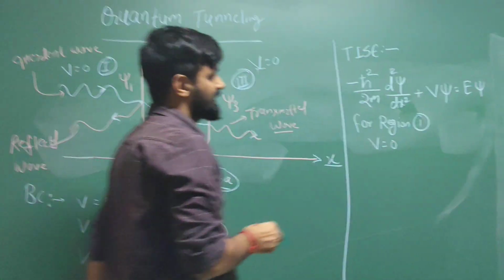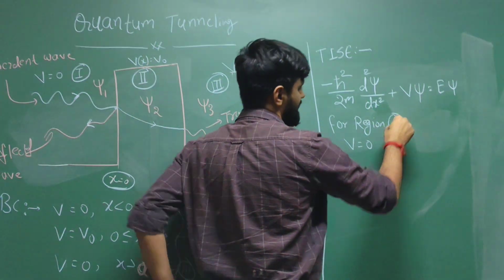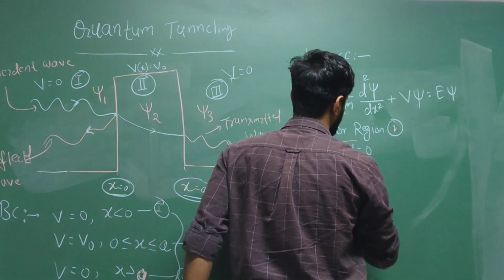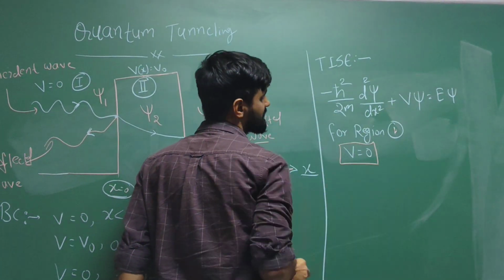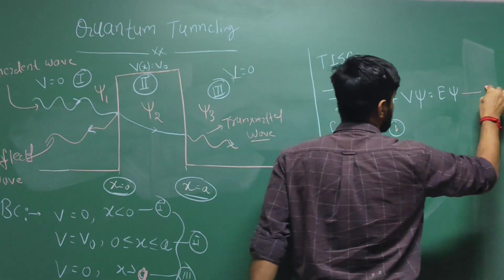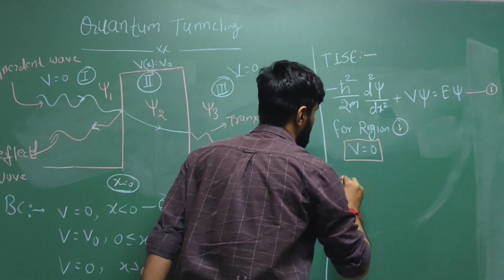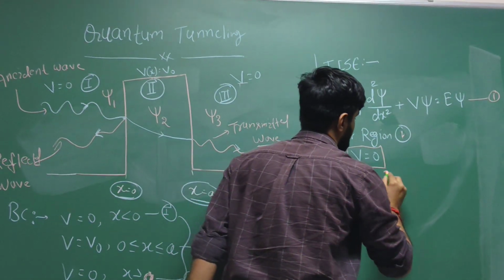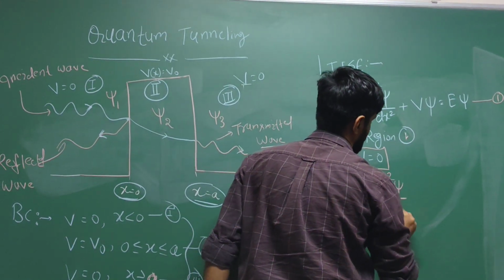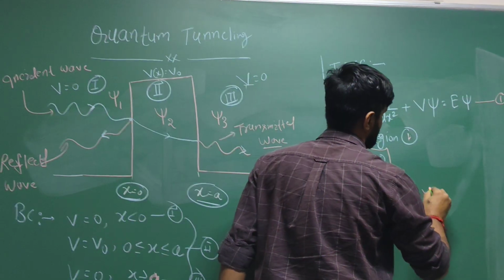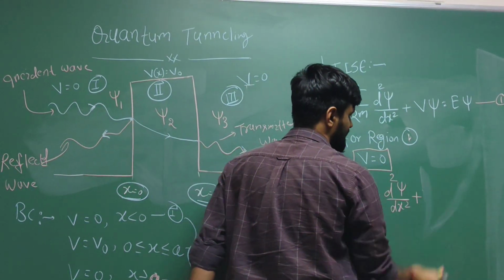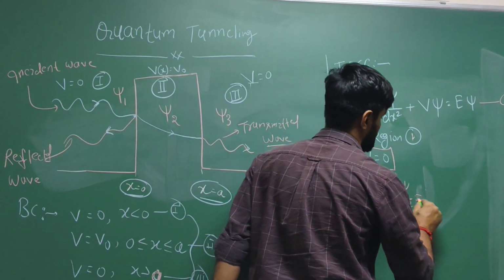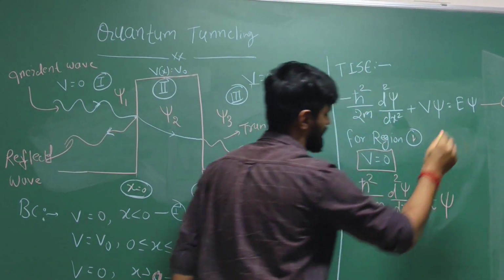Right. So here we are going to solve the time independent Schrodinger equation for region 1, where I will substitute the value of V equals 0. Once you substitute V equals 0 in this equation, we can write minus h bar squared divided by 2m d2 psi by dx squared plus V psi, which is 0, equals E psi.